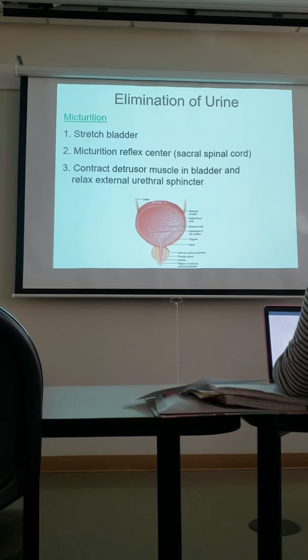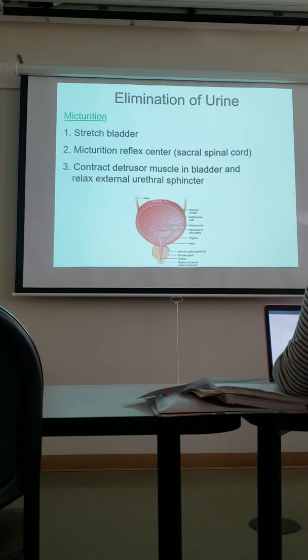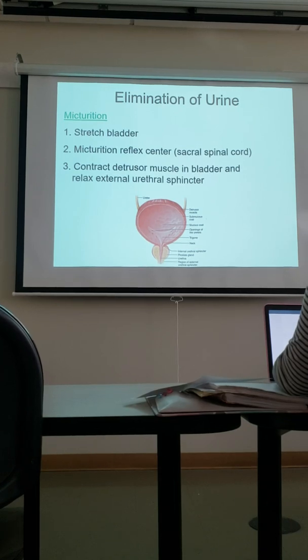Now, when you get over the toilet and you say, okay, now I can go, then you voluntarily relax the urethral sphincter. It opens up, and now you have a passageway for the urine to flow. So importantly, even if the reflex goes, if you voluntarily decide to contract and close that external urethral sphincter, you won't go.